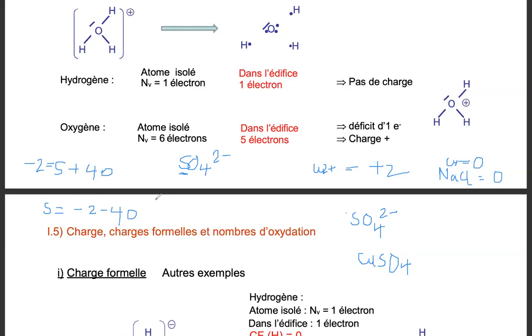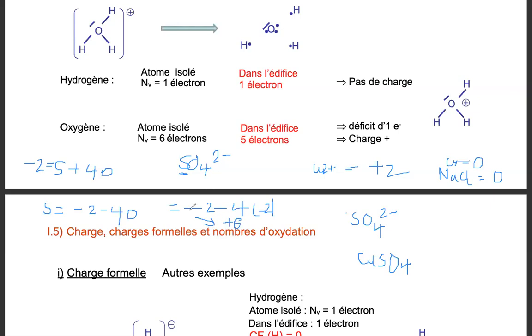Therefore, when we calculate, we have -2 minus 4 times -2, which gives +6. So the oxidation state for sulfur in the sulfate is +6.